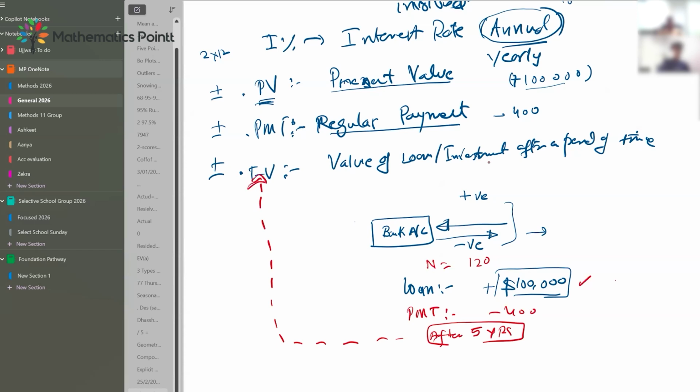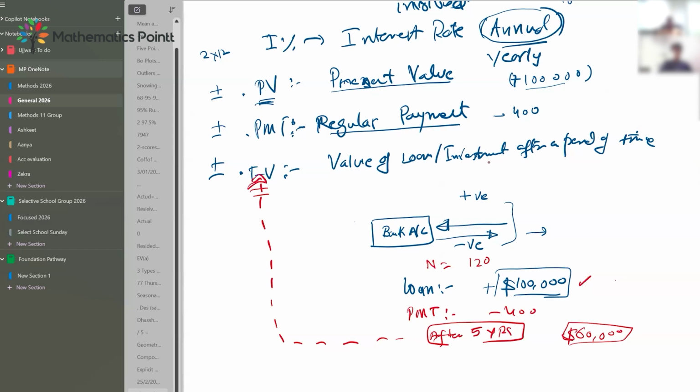That is future value. Now let us say, after 5 years, I still owe the bank $60,000, because the bank would have charged some interest as well, right? So my loan in the half time period will not be exactly half of 100,000. So this is the future value, $60,000 that I still need to repay to the bank.